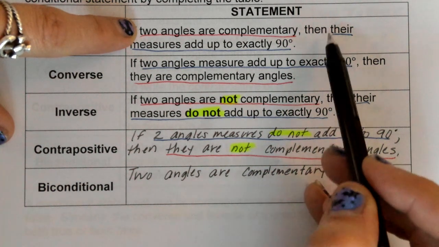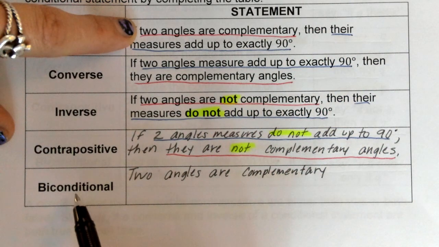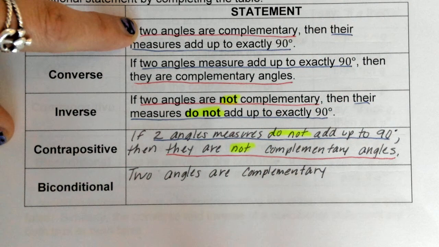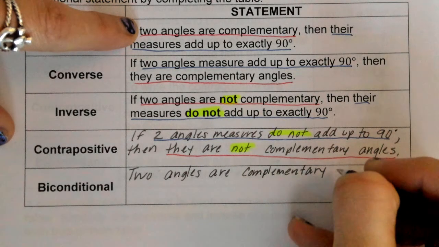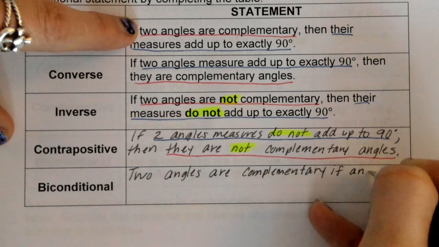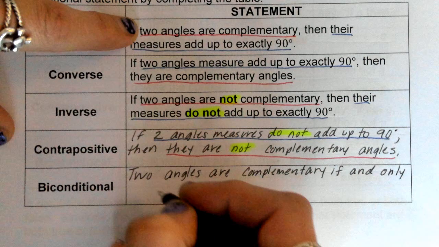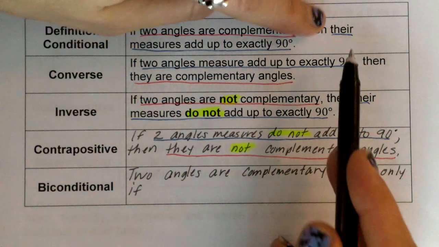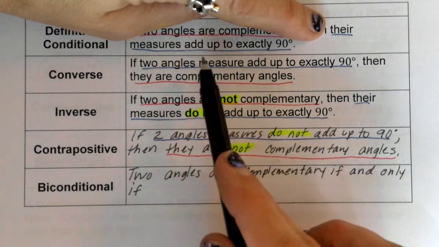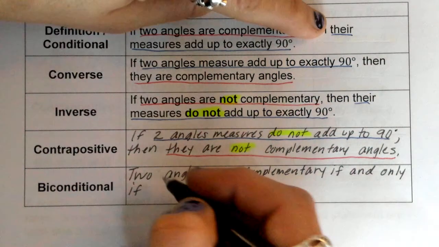Then we'll replace that word then with the infamous if and only if that biconditional is. You can think of it as bi as two, like bicycle, two wheels. Biconditional, we're going to have two ifs, if and only if. So here's our if and only if, and then complete it with our conclusion. Their measures add up to exactly 90 degrees.